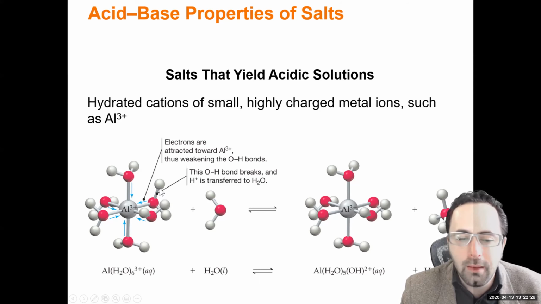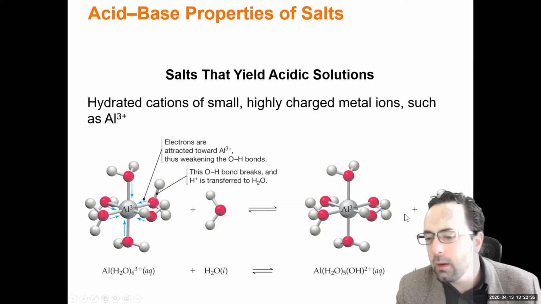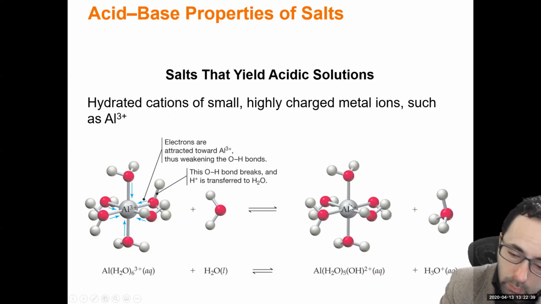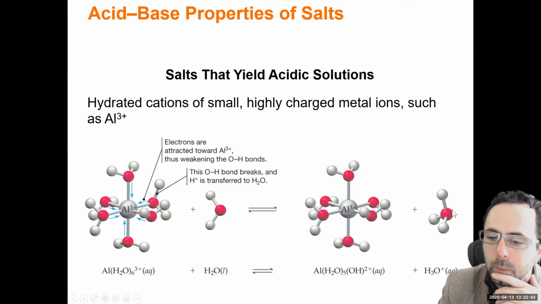So it's quite easy for one of these H pluses to pop off, and then you get an acid. So here, this H plus that was there is no longer there. It's now stuck to the water. And so the result is that this hydrated aluminum cation behaved like an acid. One of the water molecules released a proton.